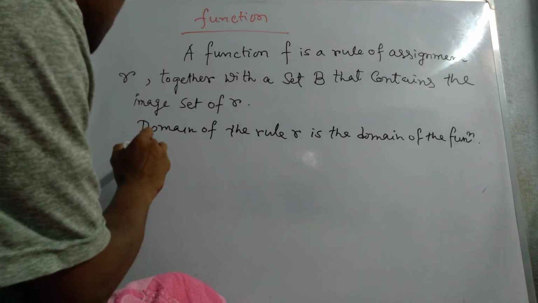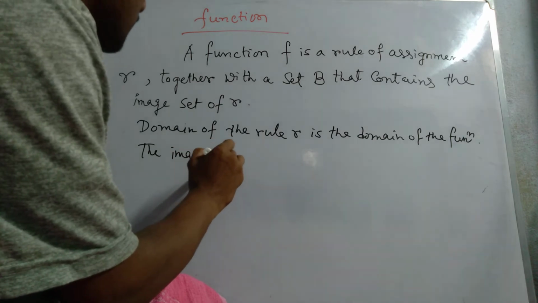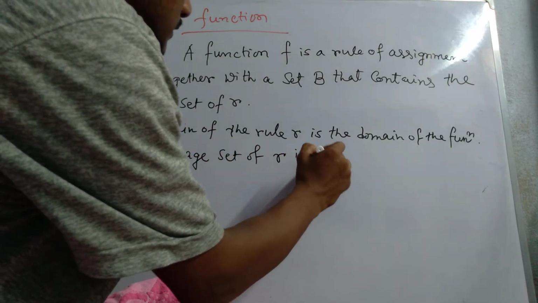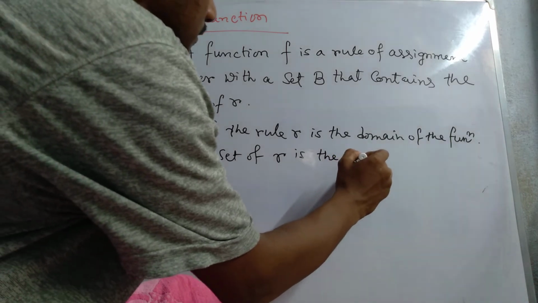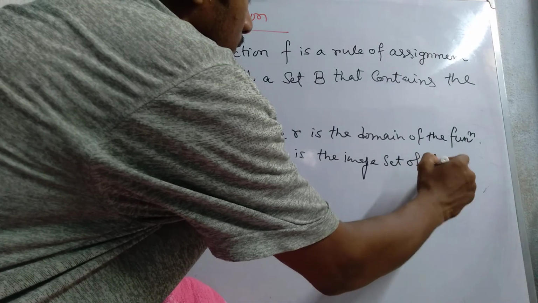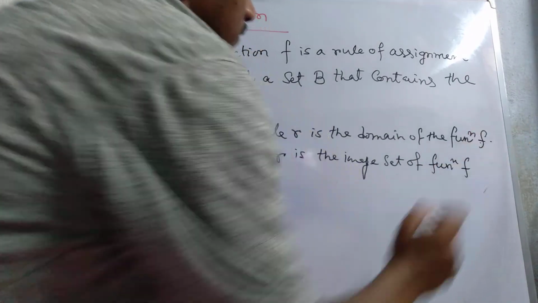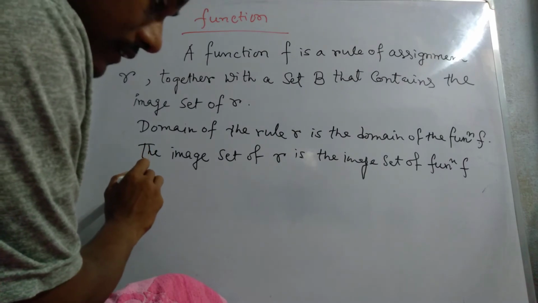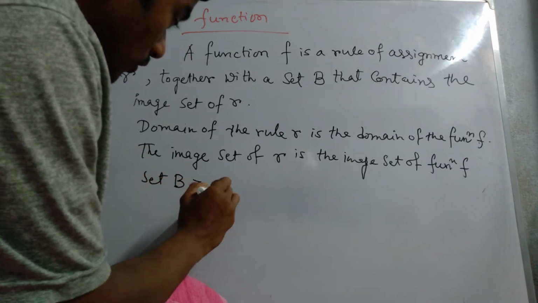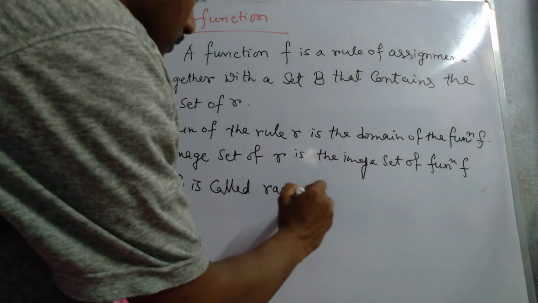That means the image set of R is the image set of the function f, and the set B is called the range of f.